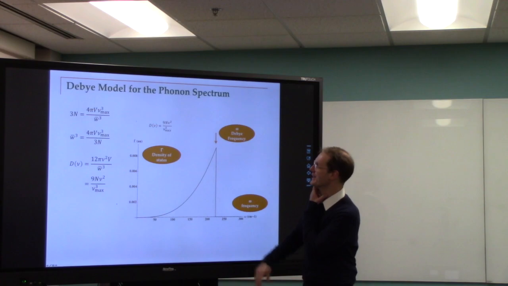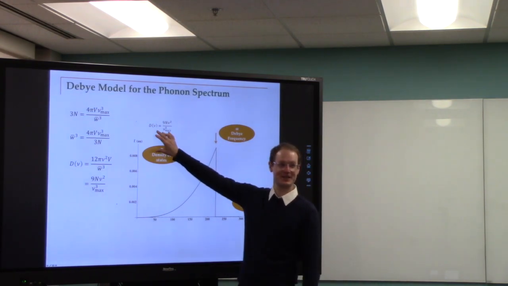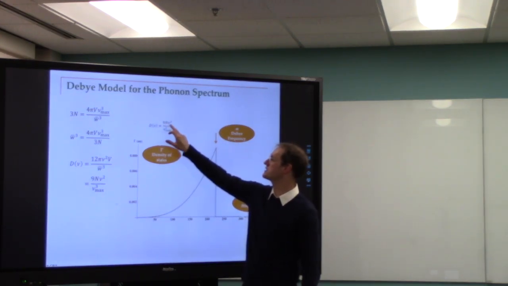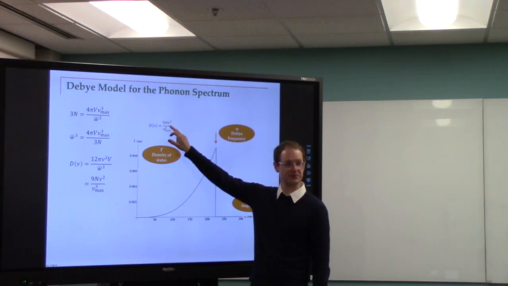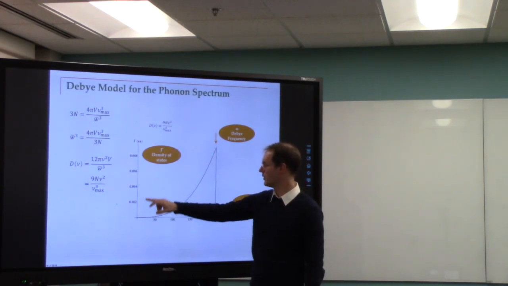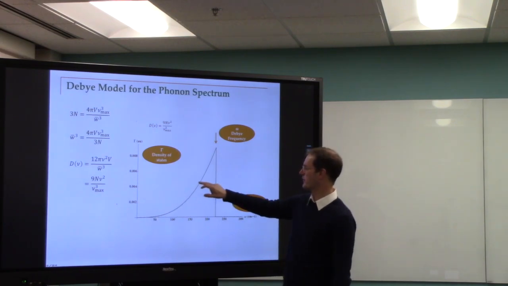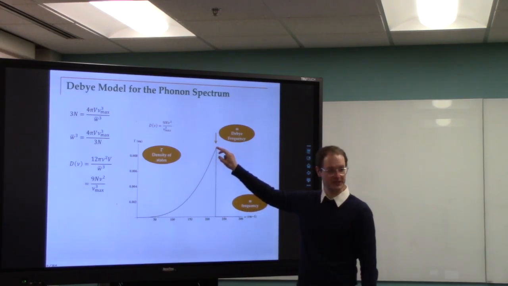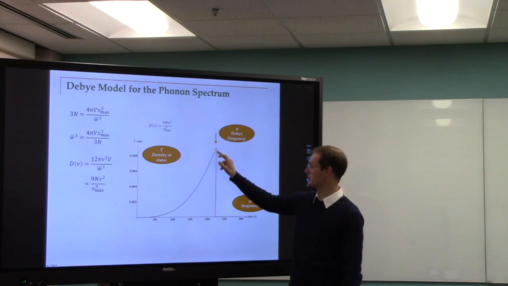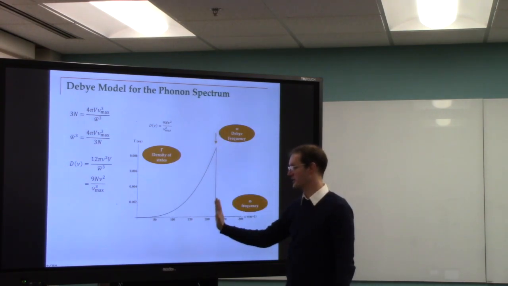Okay, and so that gives you the density of states as a function of frequency. So the density of states increases as the frequency squared. And so it looks like this kind of parabola, but there's a maximum frequency that you can have for the phonons. And so the parabola cuts off at a particular frequency.